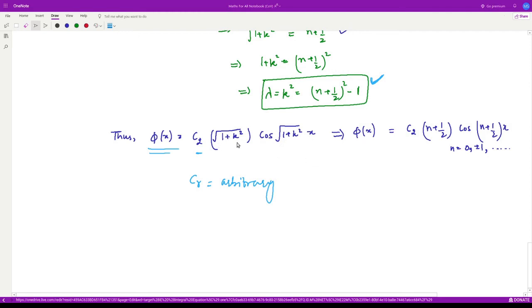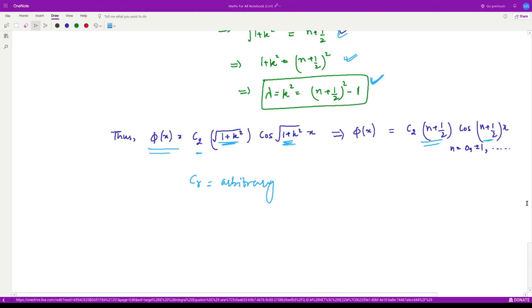And what was this term? We calculated this to be n plus half, whole square. So this is this, right? Square root of this is simply this term.